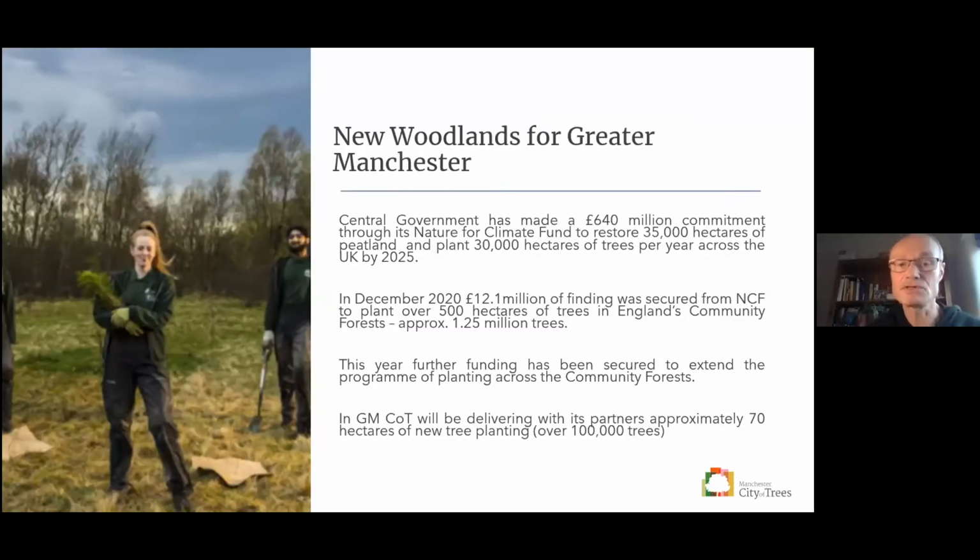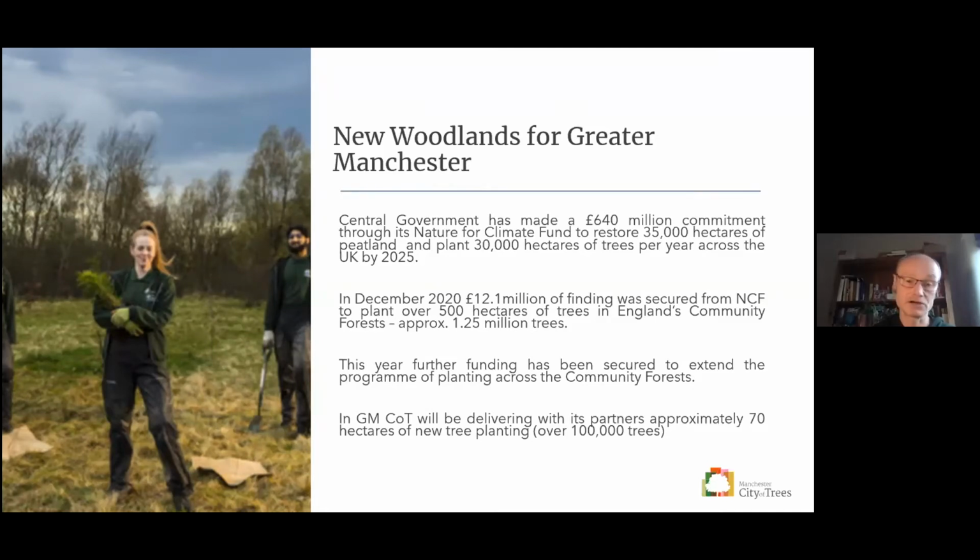So in terms of what's happening for woodland creation in Greater Manchester at the moment, we've been very fortunate that the government has a pot of funding called Nature for Climate. £640 million has been made available to restore 35,000 hectares of peatland, but also to plant 30,000 hectares of trees per year across the UK by 2025.